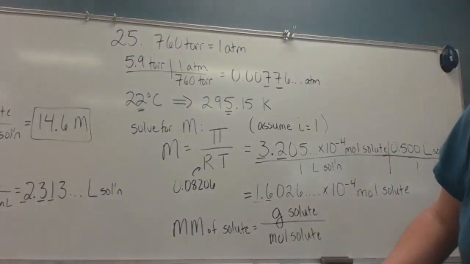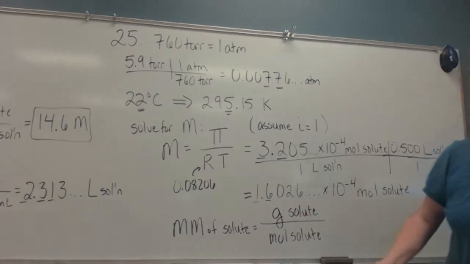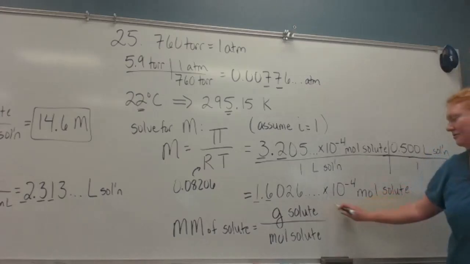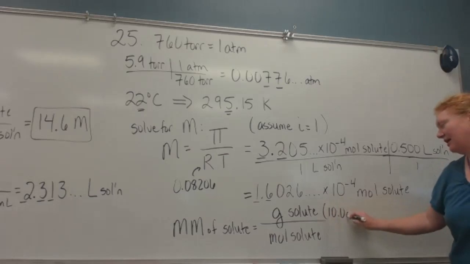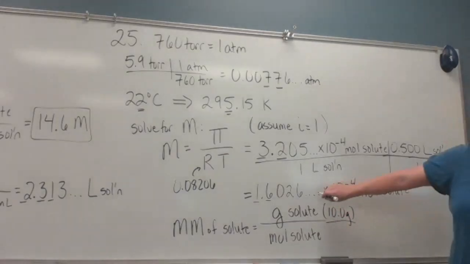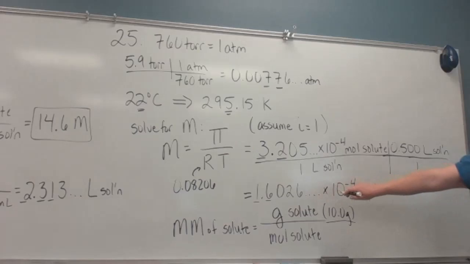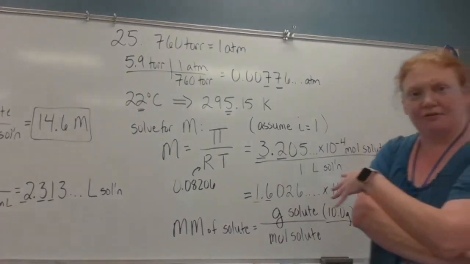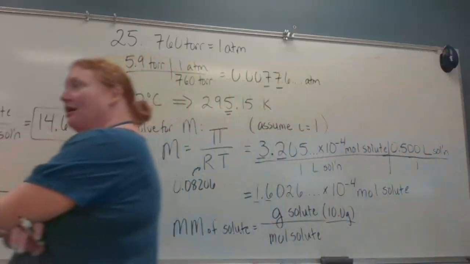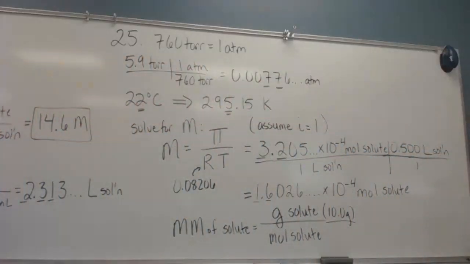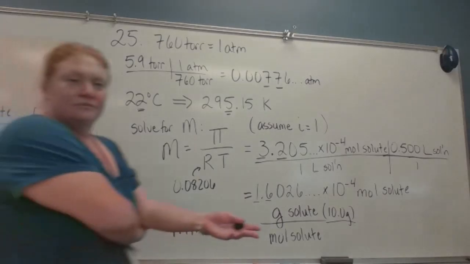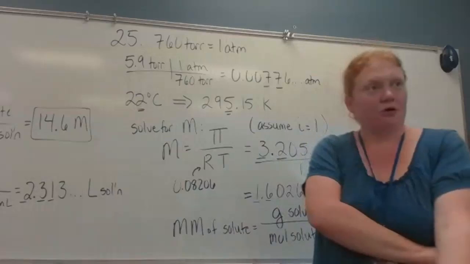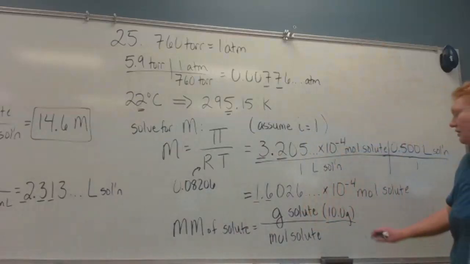I think 10? 10 grams divided by this number of moles that we just calculated. What colligative property did we use to calculate moles here? We used that osmotic pressure to figure out the number of moles of solute particles. That's what we used.